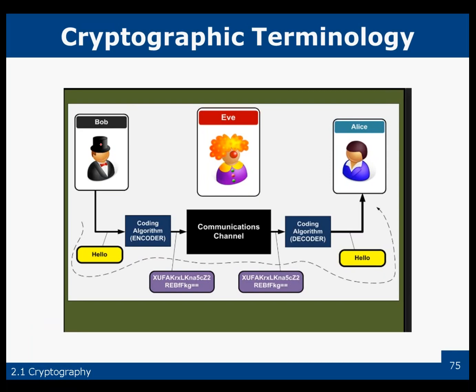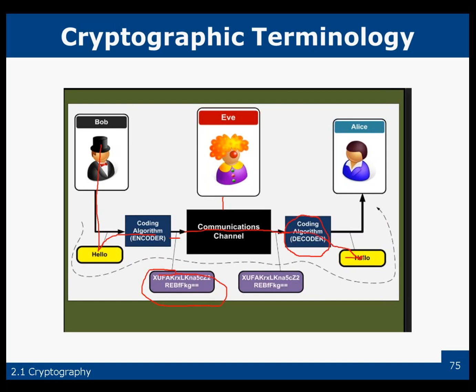Bob's going to send a message, hello, it goes to the coding algorithm, the encoder, and it comes out gibberish, and it goes into the communication channel. Eve would be here listening and would only see the encrypted message. It goes over to the other side, and then we have the coding algorithm decoder, and it comes back to the original message.